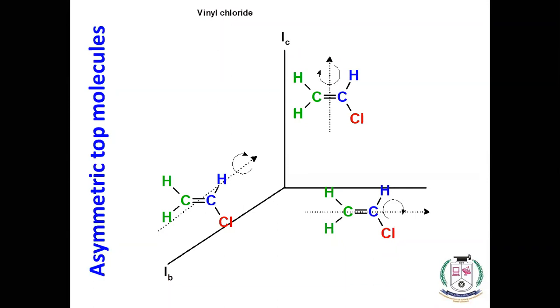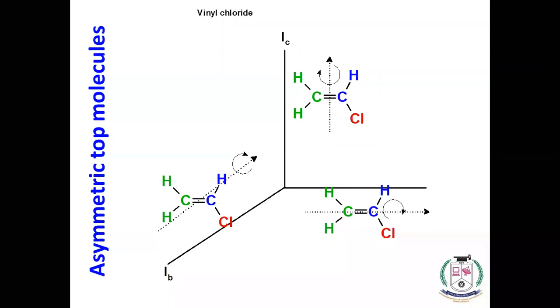Because of the chlorine, asymmetry is coming. If hydrogen is there, what will happen? If hydrogen is there, it is the ethylene molecule, and Ia will be different, Ib and Ic will be the same.